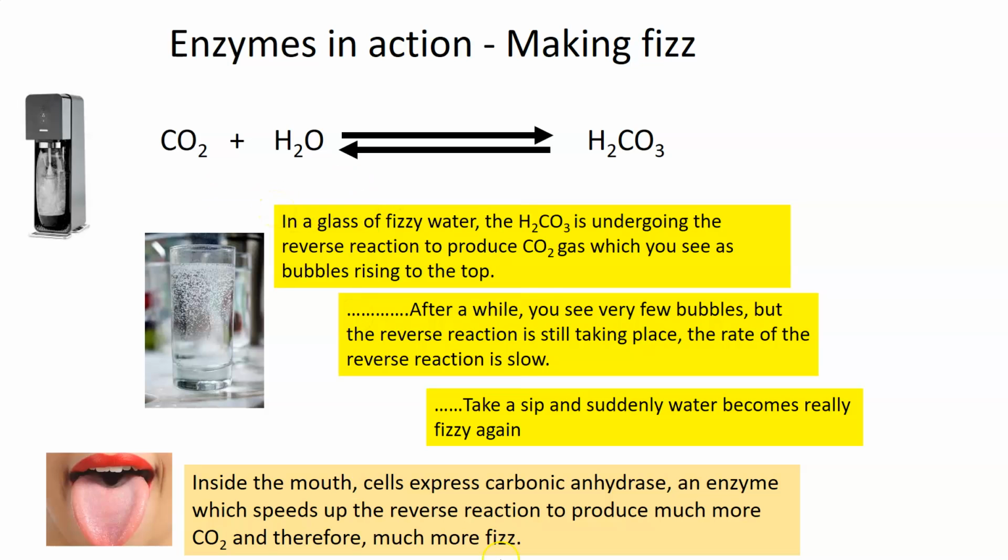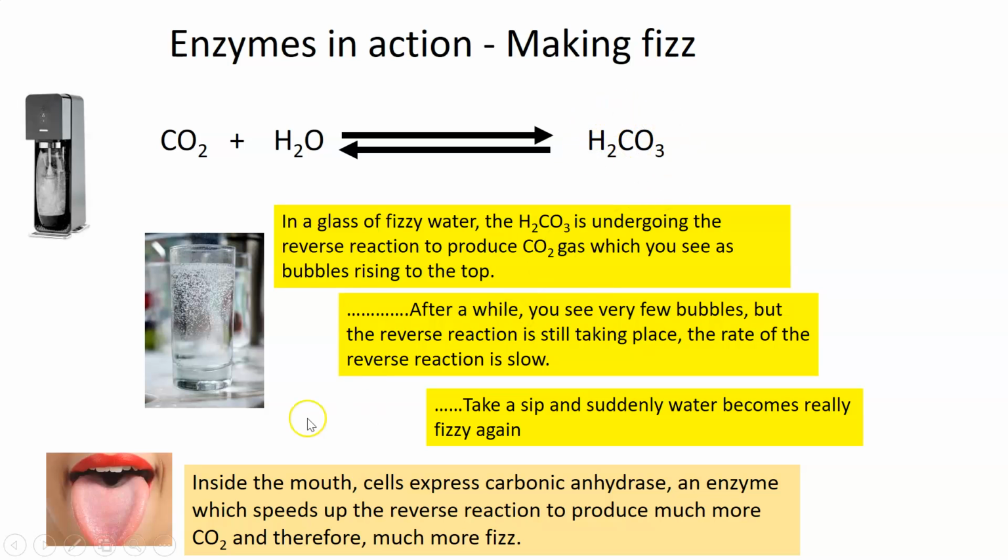Now if you take a sip of this fizzy water, what you notice is that there's an explosion of bubbles of fizz in your mouth. Now why is that the case? Well, first there's a physical reason. You're putting it into your mouth, you're exaggerating, you're speeding up this reaction anyway, just by disturbing this carbonic acid.